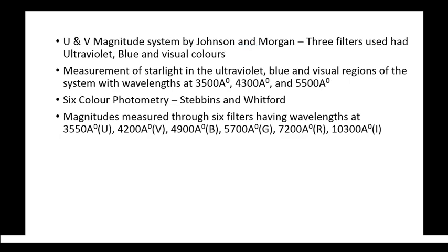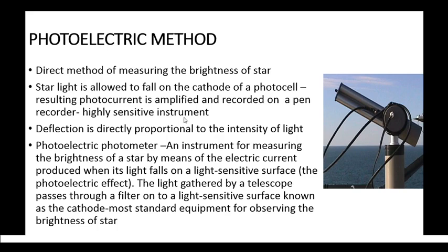Here we had discussed that the light gathered by the telescope passes through a filter, isn't it? And through this filter the light is passed on and is incident on a cathode. So we can use several types of filter here.